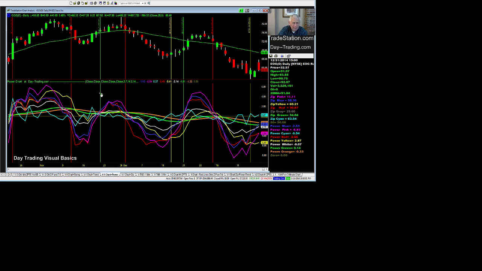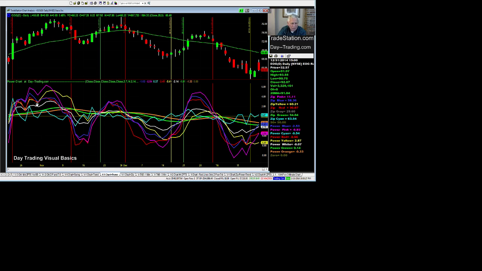The green line indicates the first day that the power red is above 0. However, and I forgot to point this out on the previous videos, the yellow vertical line indicates when the red line crosses the yellow line.